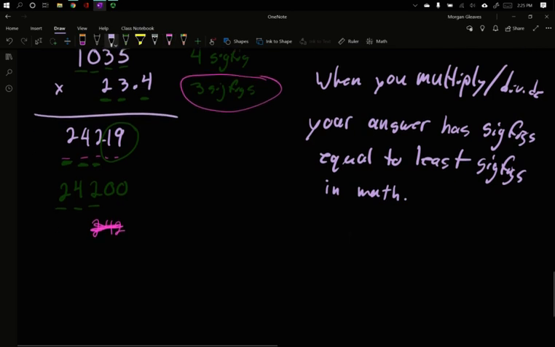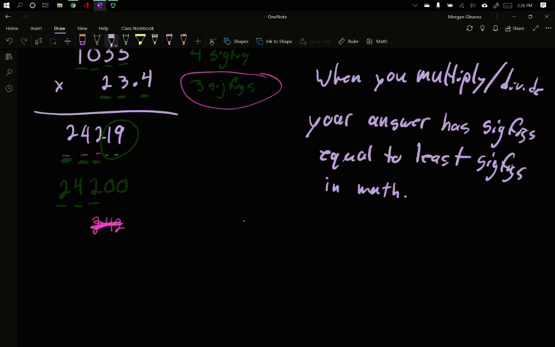How does that look if we think about the math? We'll do 1035. We'll multiply by 23.5, and also 1035 by 23.3. Basically, remember that 0.4? Well, the idea is that would have been the one that was estimated. The last decimal spot is always the one that we had to guess.